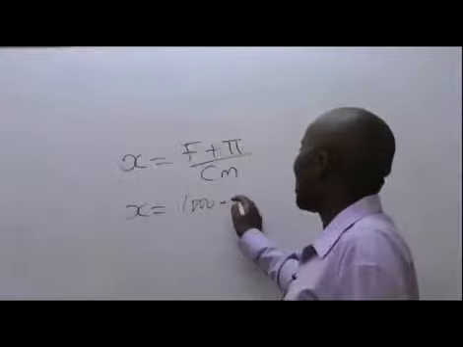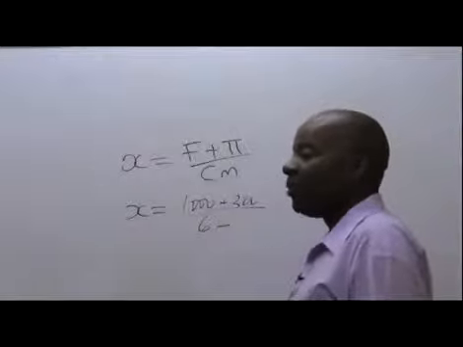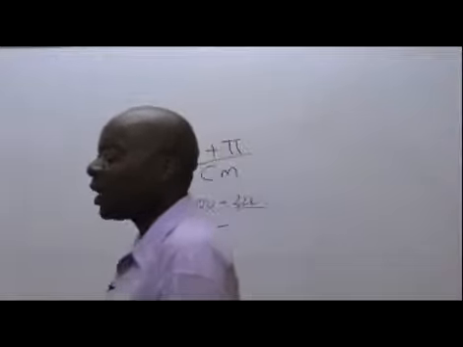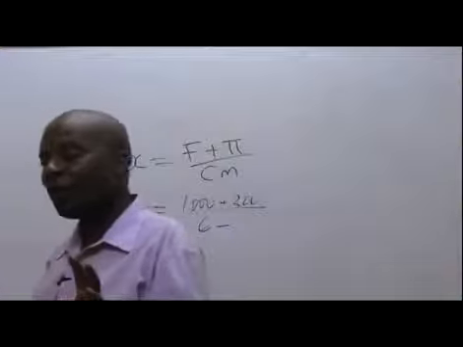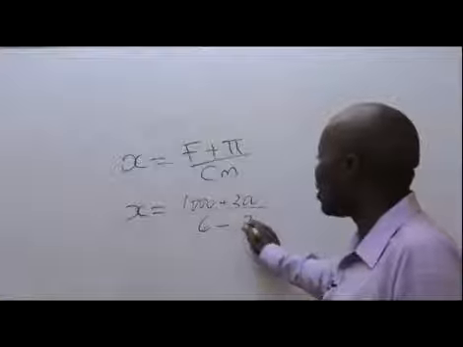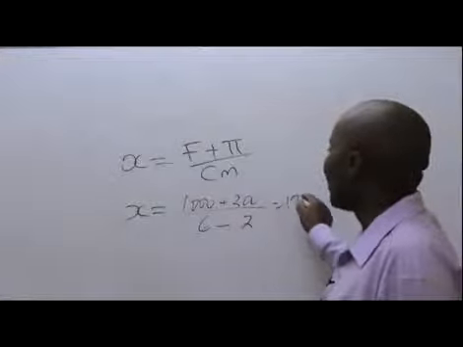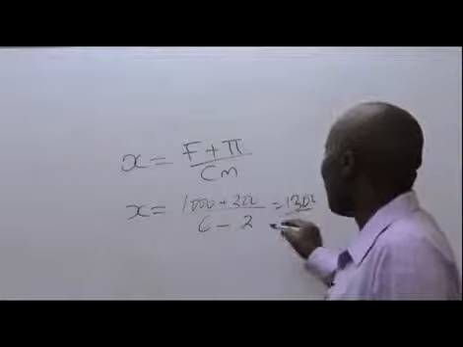So plus 300, and then everything divided by contribution margin, whose formula is price minus variable. So it will be 6 minus variable of 2. This will give me 1,300 divided by 4.